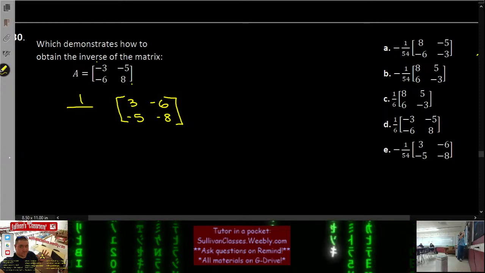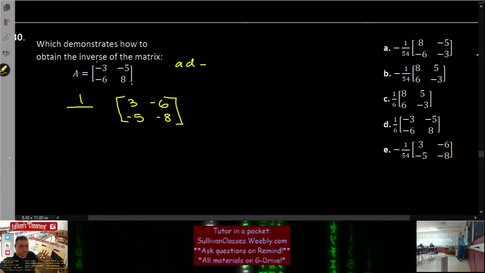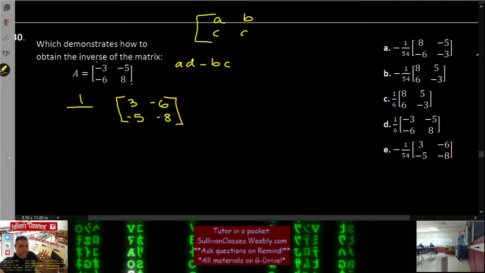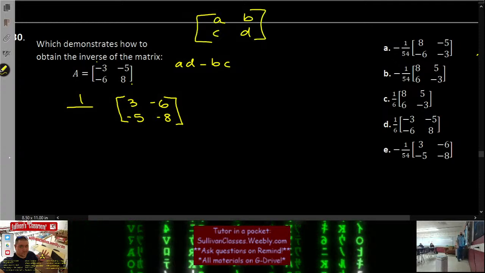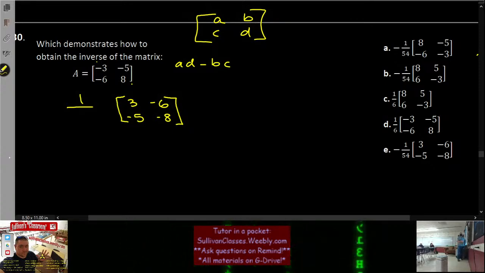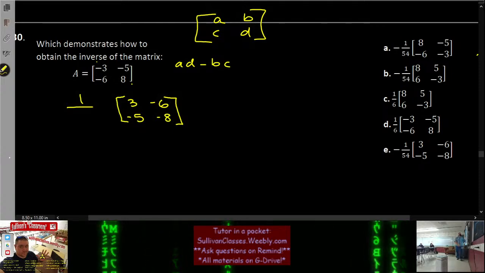Determinant is AD minus BC, where A, B, C, D. Correct. You'll cross this one out. I'm still saying it in case I get to use this next year.